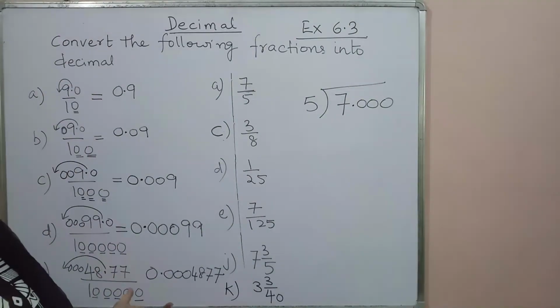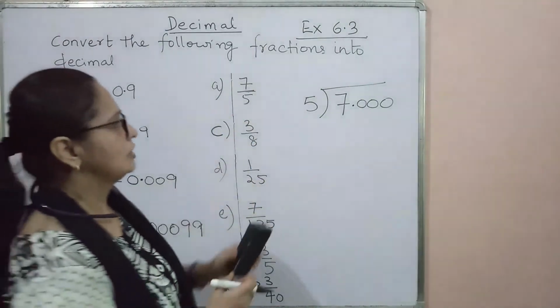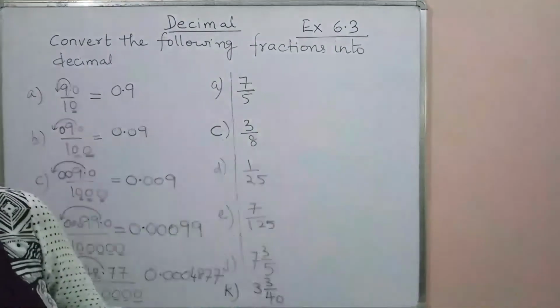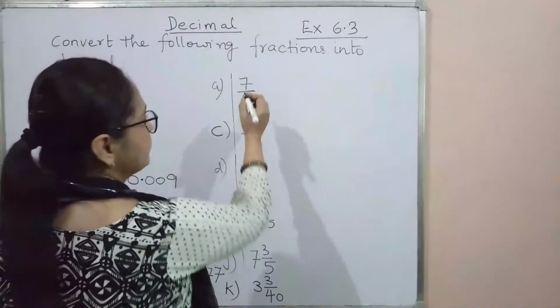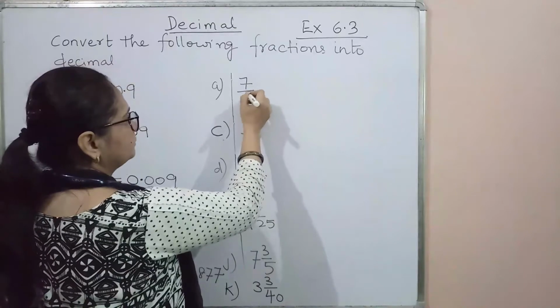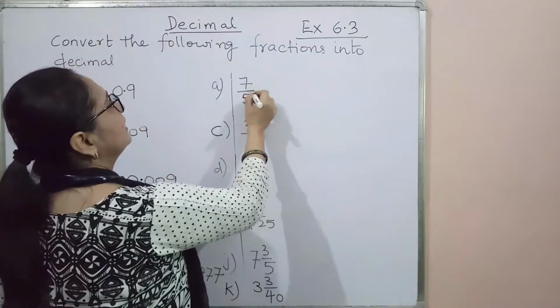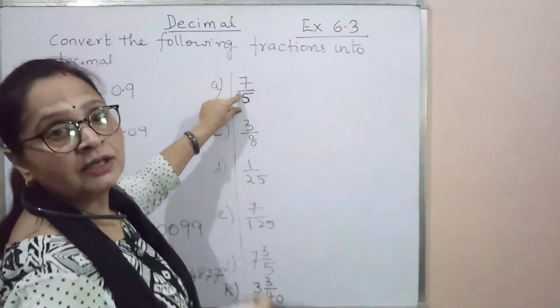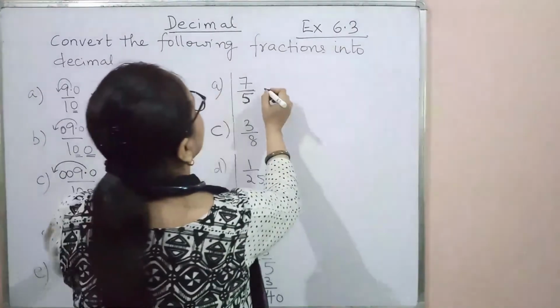But let us see if this kind of thing can happen in this also. So that will be our second method, which in some cases is possible. Now let us see whether it is possible to convert the denominator into 10, 100, 1000, such kind of number.